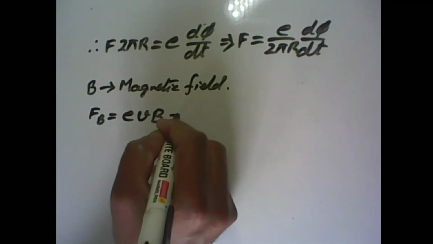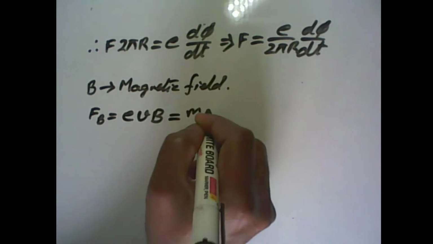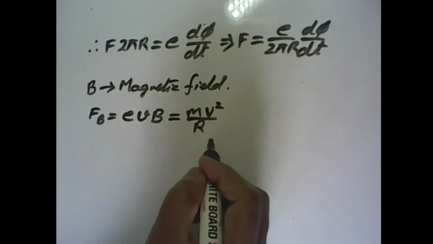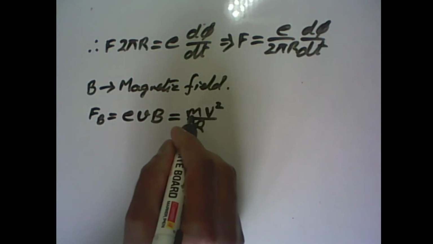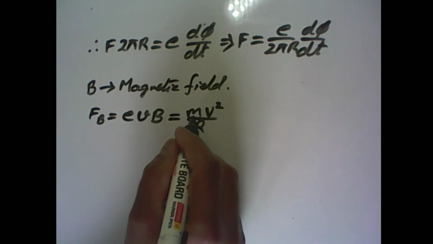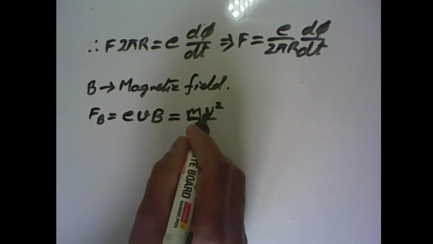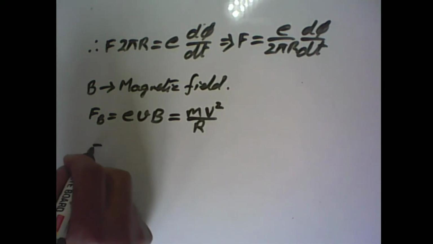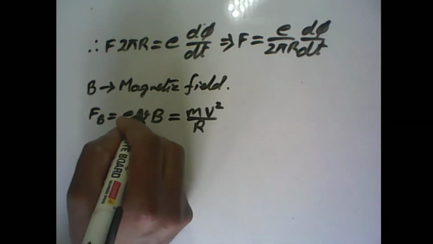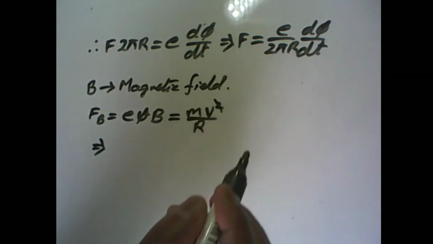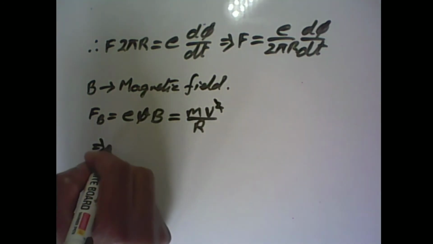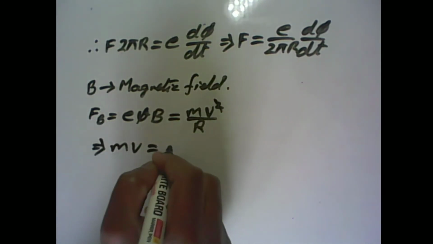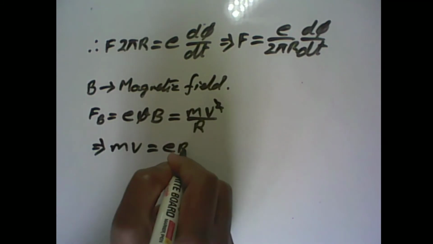So that should be equal to mv²/r, which is the centripetal force for any particle of mass m, let us say m is the mass of the electrons, moving at a velocity v in a circular path of radius r. From this relation, v will cancel out, and we get an expression for mv that is equal to eRB.